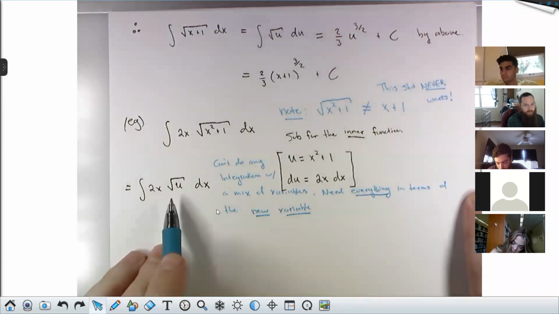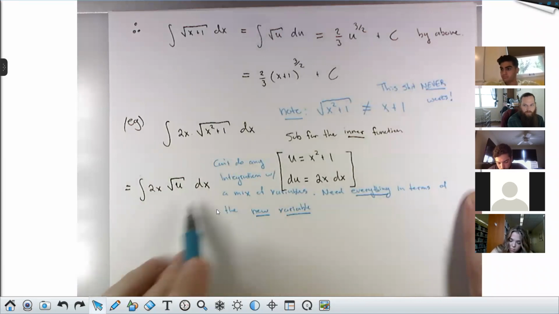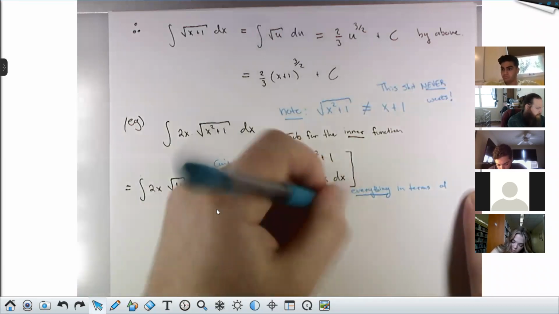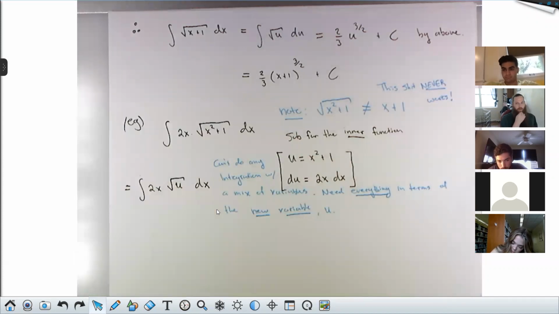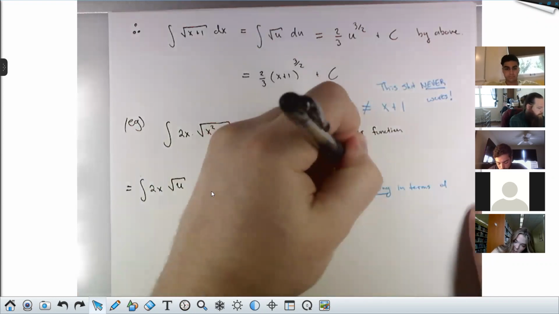There can't be a single x left in this expression before we do the integration. And here the new variable is u. So how do I do that? How do I get rid of this 2x and get rid of this dx? Well, there's a couple ways to think about it. I'm going to show you the way I like most. But first, I'm going to show you the way that most students I've seen do it.